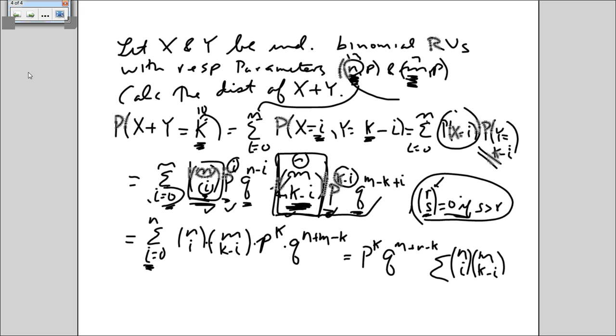This is equal to the stuff in front, p to the k, q to the m plus n minus k, times this summation, or anything that equals that summation.